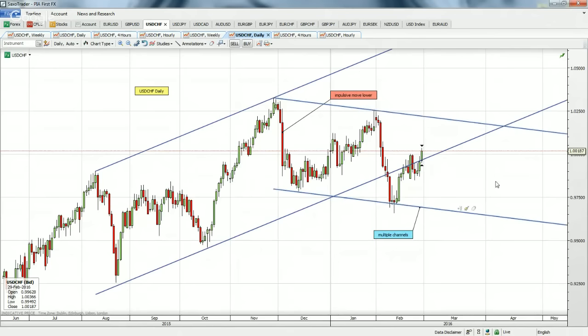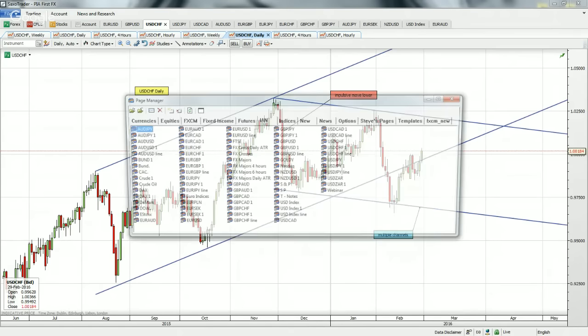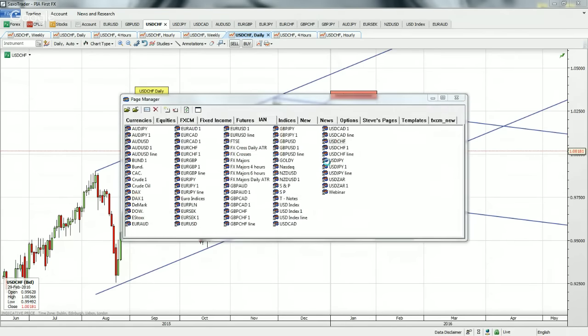Could eventually be seen as possibly a bullish flag, which would then line up with that bullish view on the dollar. But at the moment, let's just get my other charts up on the other screen as well. At the moment, we're a bit in no man's land.